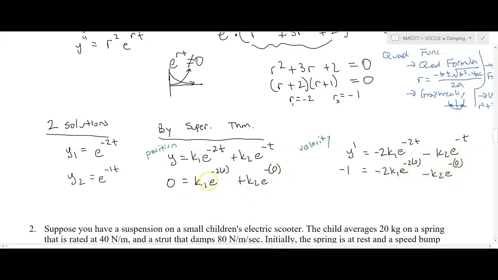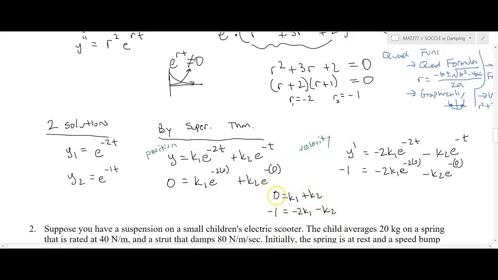Now the nice part about these exponentials is that e to the 0 is 1, so we have two equations. This one gives me 0 equals k1 plus k2, and this one gives me -1 equals -2 k1 minus k2.